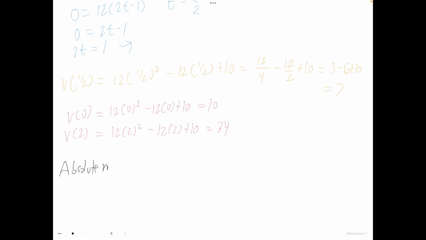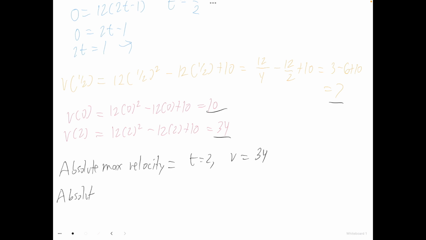And so the absolute max velocity, well, it's going to be the largest of those values. We had 7, 10, and 34. And so 34 is the largest, so it's going to be at the time 2, comma, it's going to be when t equals 2, and the velocity is equal to 34 at that place.